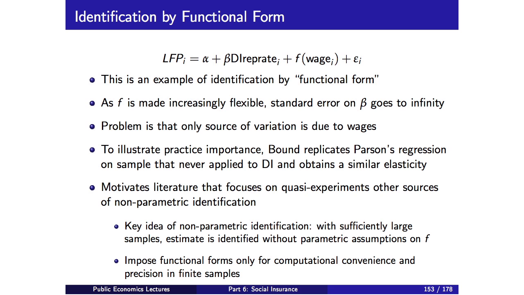So the only reason that you're identified in a regression that, quote, controls for wages linearly is by functional form, in the sense that implicitly what you're saying is, I know the relationship between labor force participation and wage rates has to be linear, and I'm going to use deviations from that linear trend in order to identify the coefficient beta.